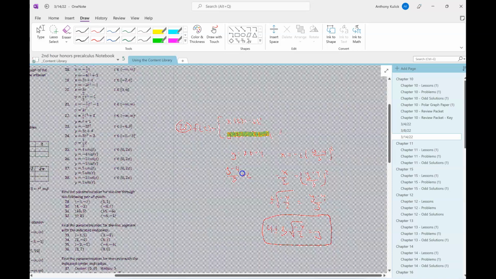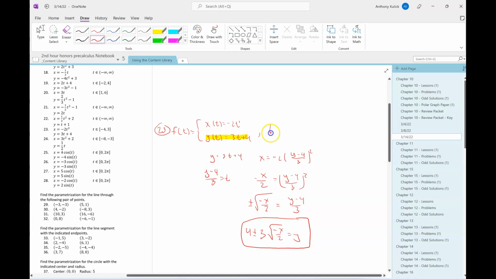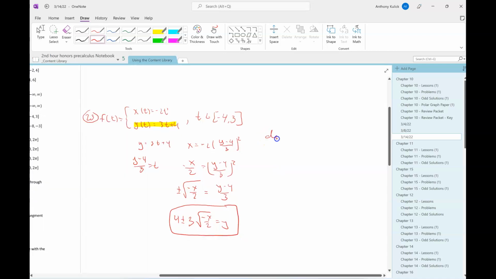So what was our interval there? -4 to 3. So the domain, here the x of t is quadratic, so we're going to care about 3 pieces in the x of t, the endpoints as well as the vertex.